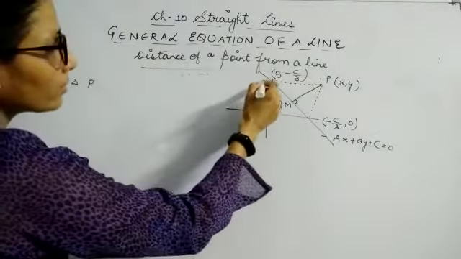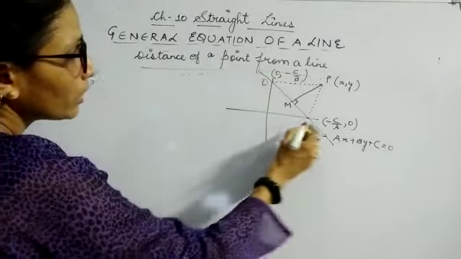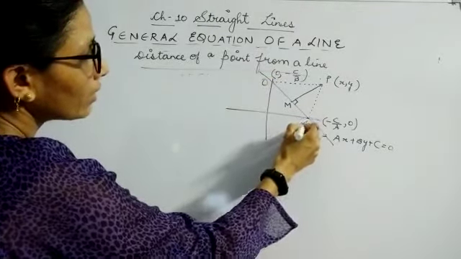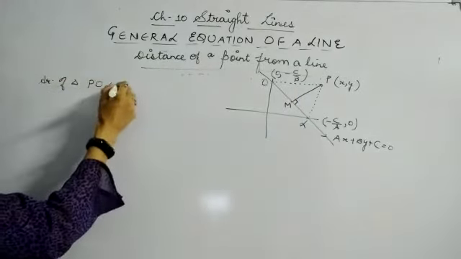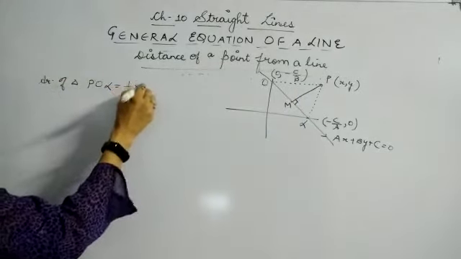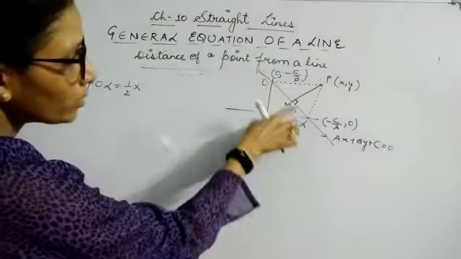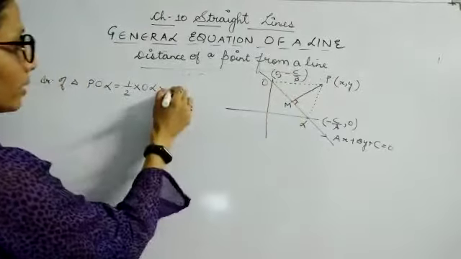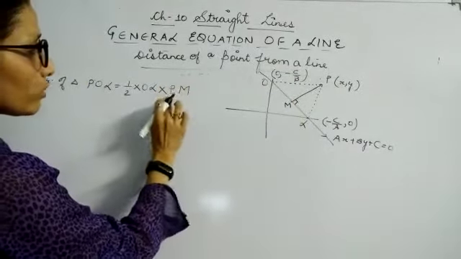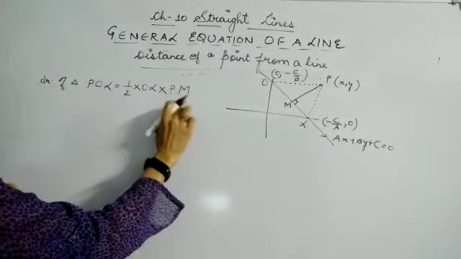Say this is O and this is L. So the area of triangle POL is half base into height. What is your base? OL, into height. What is your height? PM.